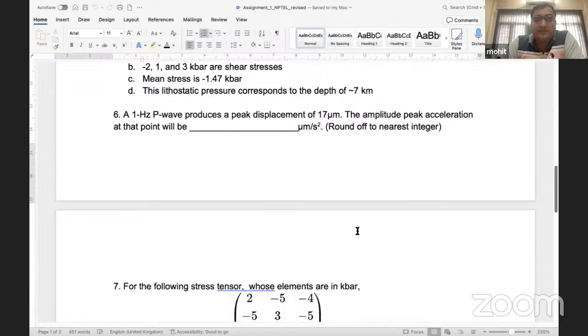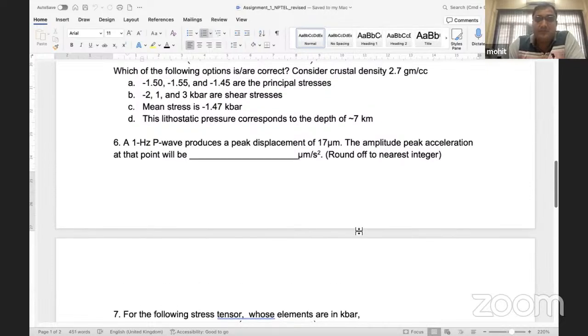Question number 6. A 1 hertz P wave produces a peak displacement of 17 micrometer. The amplitude peak acceleration at that point will be, so the maximum or peak acceleration will be omega square A, where omega is equal to 2 pi f.